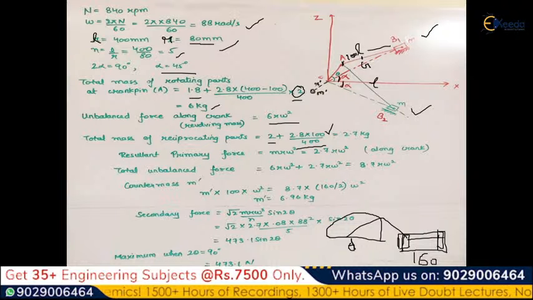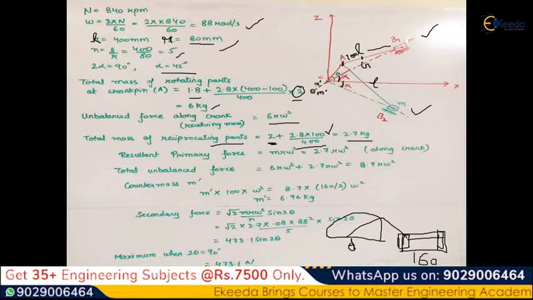We can assume that the connecting rod can be replaced by two point masses, one at the crank pin and one at the gudgeon pin. So the total reciprocating parts will be 2, which is the mass of the reciprocating parts, plus the part of the connecting rod, which is 2.8 into 100, this distance, upon 400. So it comes out equal to 2.7 kilogram.